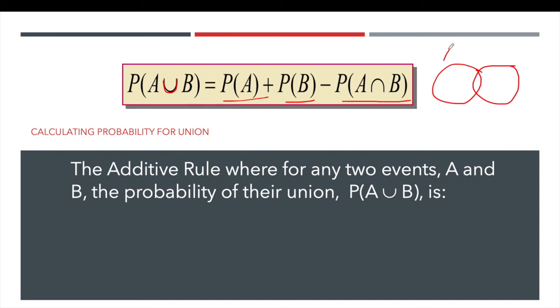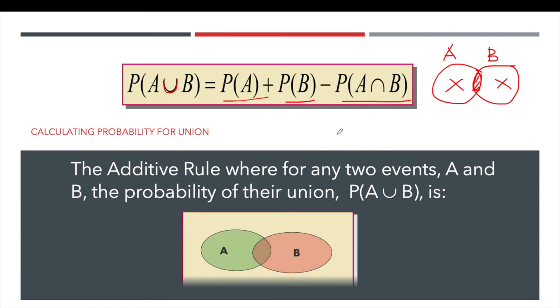So it is P(A) plus P(B) minus the intersection inside here, because it would be redundant if you included this one also.